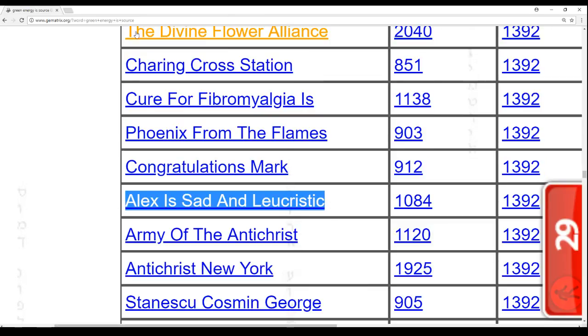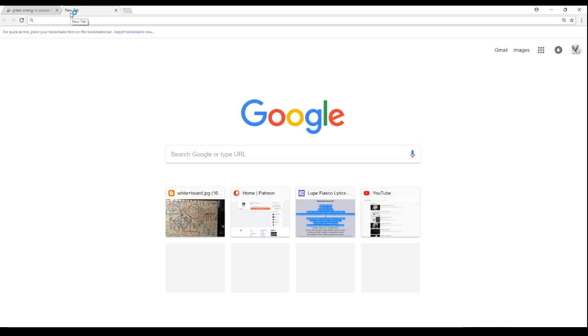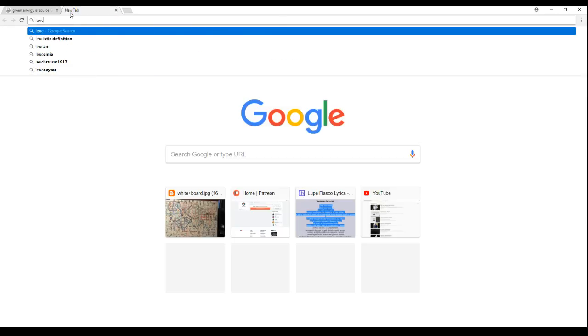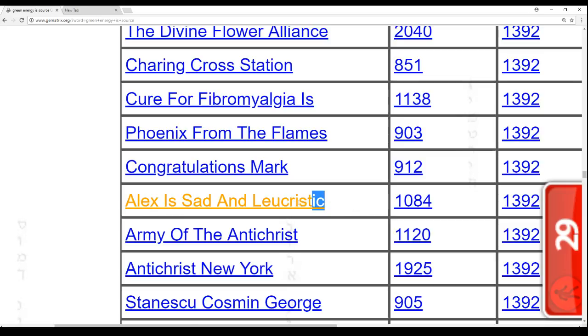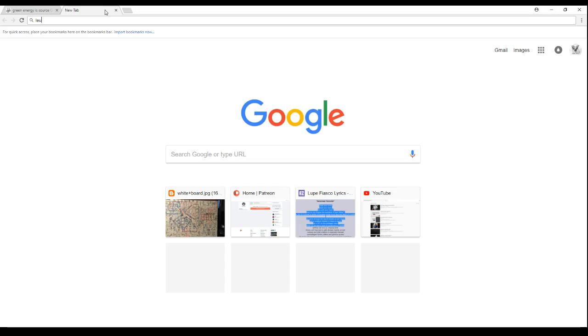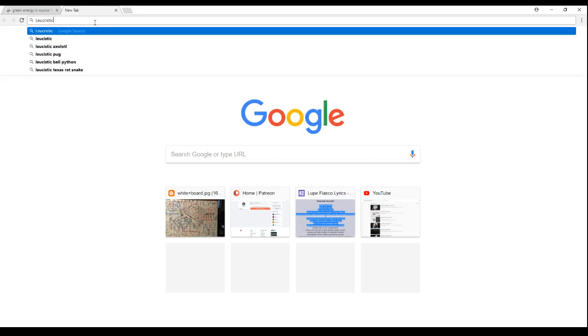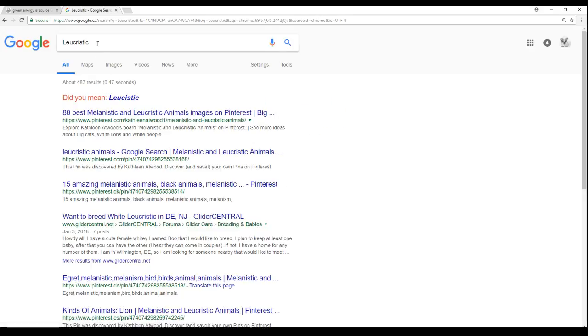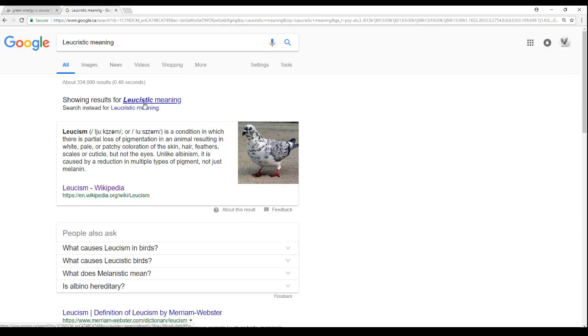Leucistic just means a pigmentation thing. Maybe there's no R, but this is a condition in which there is partial loss of pigmentation in an animal resulting in white.